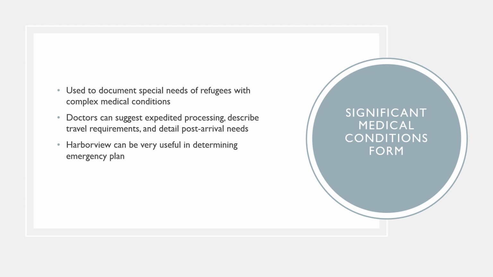So there are different levels of what emergency plans look like, but in general, if you haven't heard anything from internal to your agency or HQ, just connecting with Harborview around anyone that has these forms and are clearly complex cases can be really, really helpful.